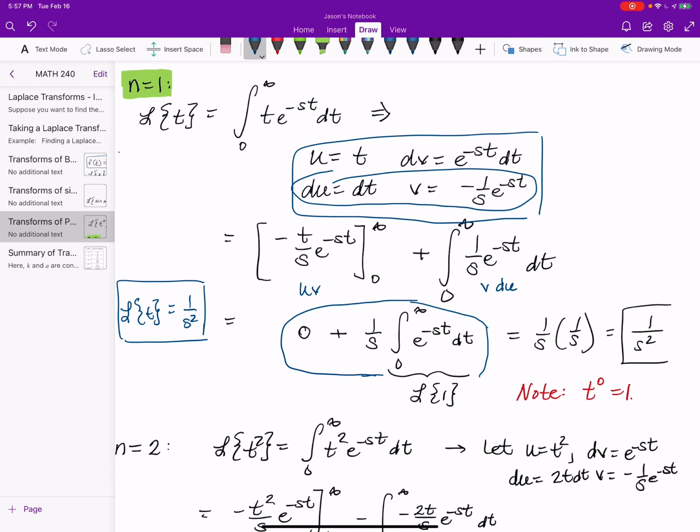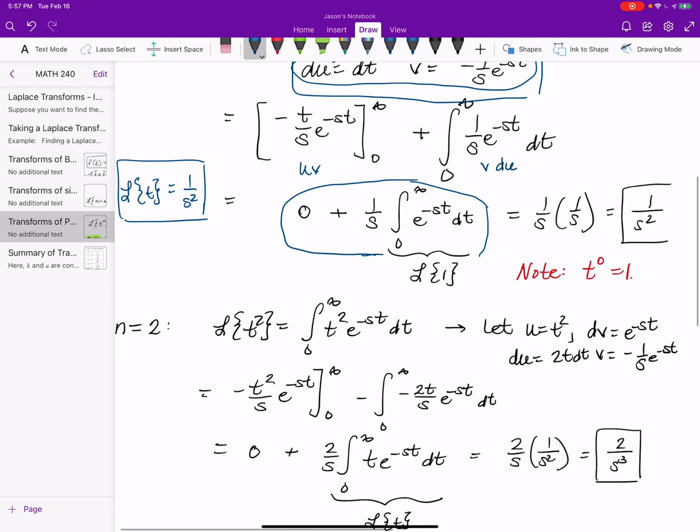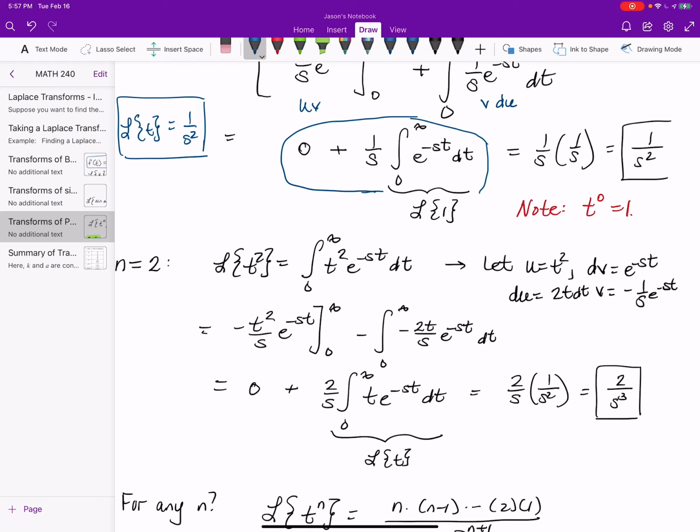Let's move ahead to n equals 2. Okay, with n equals 2, we go through one swing of integration by parts. Normally, we'd have to do 2 in order to get to the final answer, but notice something. You go through your u and your dv, and you make your substitution, and we end up here.